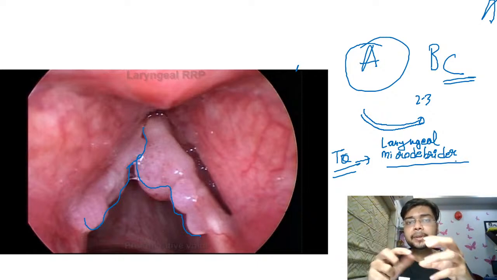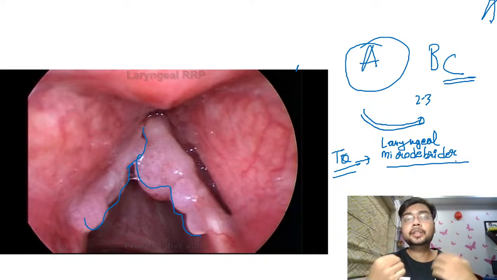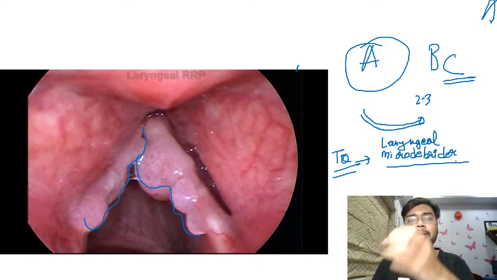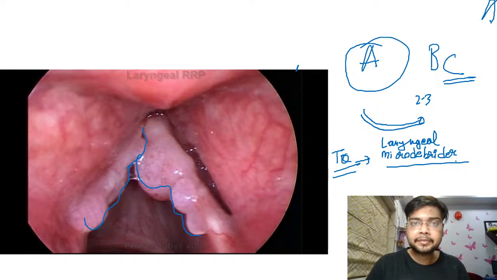These papillomas are covering the laryngeal inlet and the patient is having respiratory distress. Once you debride, meaning remove, these papillomas from the airway, the patient will be able to breathe, right?